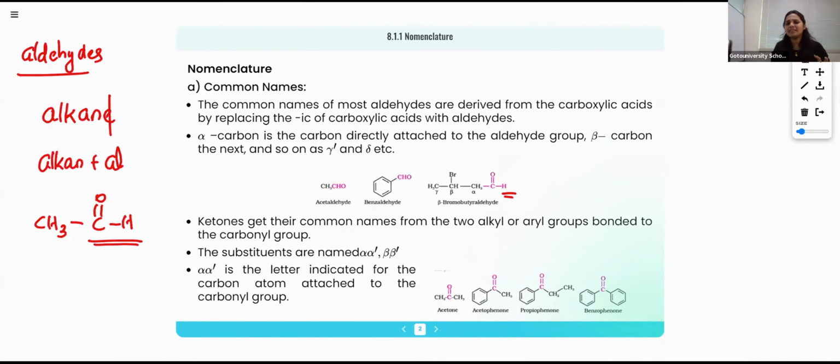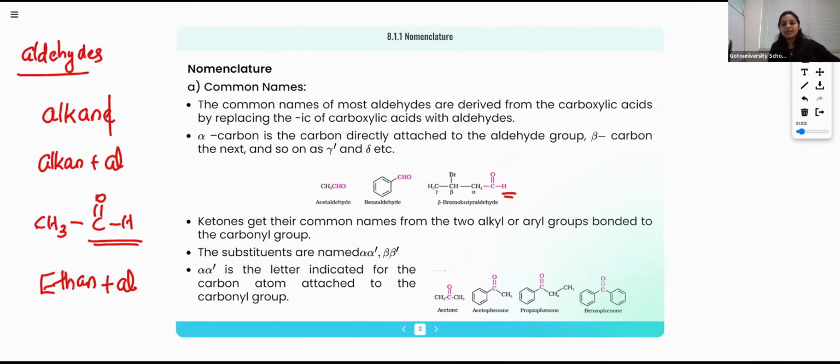So how many carbon atoms are here? 1, 2. 2 carbon atoms. If it is 2 carbon, we know it is ethane. So what you have to do? Just remove E from ethane, then I am adding al. So the name of this compound is ethanal.